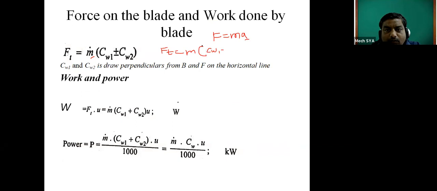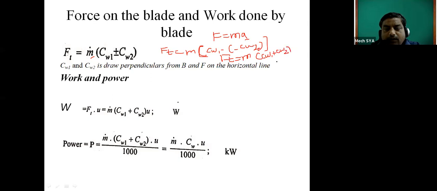Therefore, CW1 minus of minus CW2, because both directions are opposite. In that case Ft, the tangential component of force, will become m into, in bracket, CW1 plus CW2, since minus minus becomes plus.